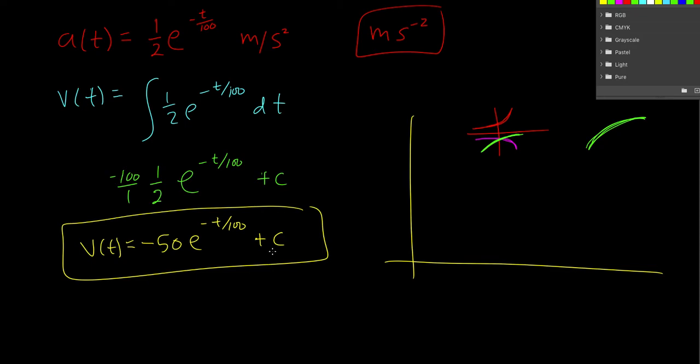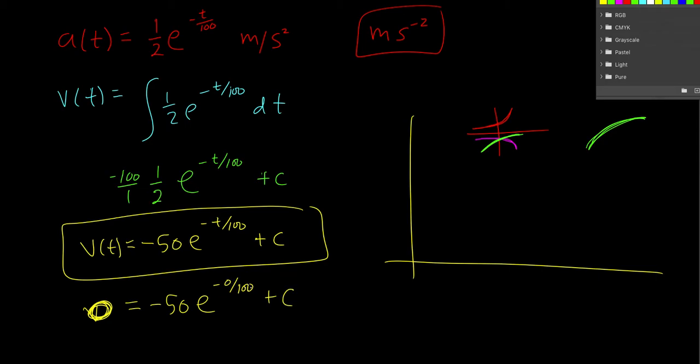So in the problem, does it tell us the initial? The train is initially at rest at the station. So what that means is if we plug in a 0 for v of t, and we plug in a position value of 0, then we can solve for c.